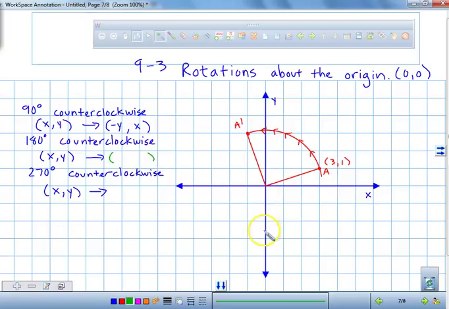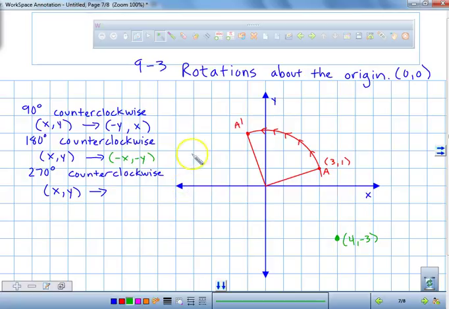I want you to understand the next rule is going to be a negative x and a negative y. So I'm just going to choose a random point, say right here. What point is that? That's over 4 and down 3. If I was going to use this rule, then I have to make the opposite x value, which is going to make that a negative 4 and a positive 3.